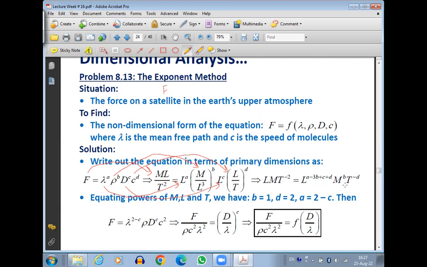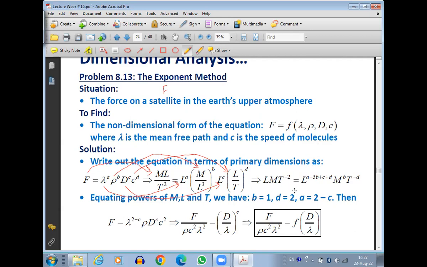Now we need to equate the exponents, because this is the exponent method. All the exponents should be equal on both sides, and when they are, it becomes a dimensionless parameter. So for this case, we are going to make the equations. We are going to have 3 equations here.